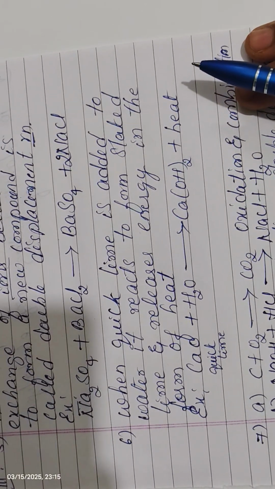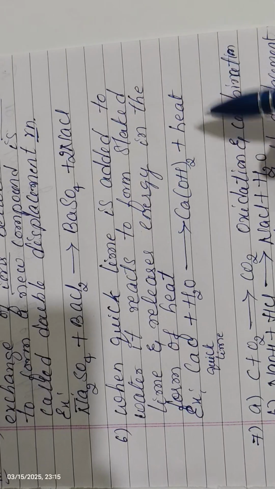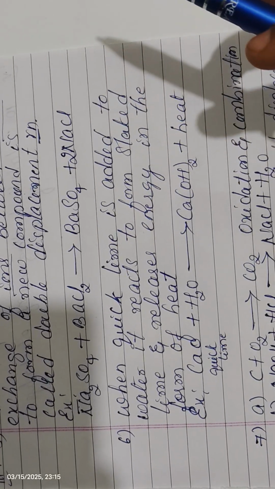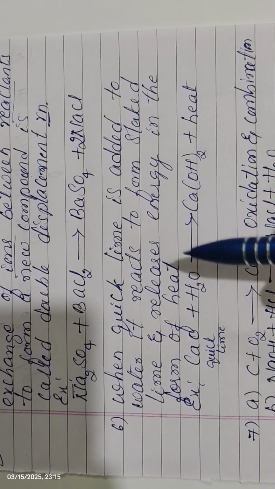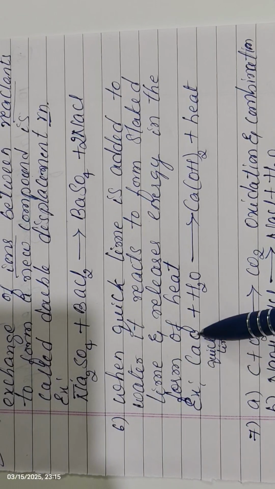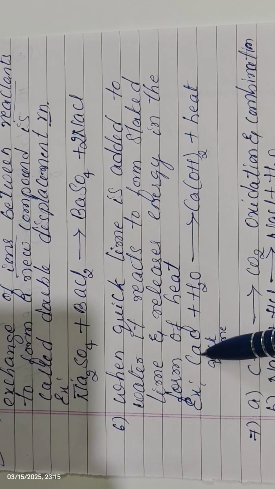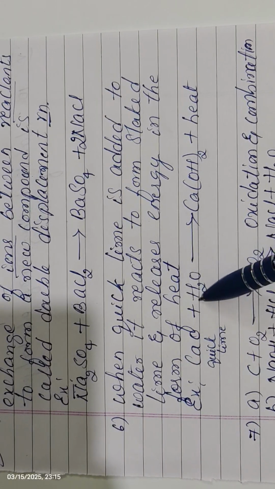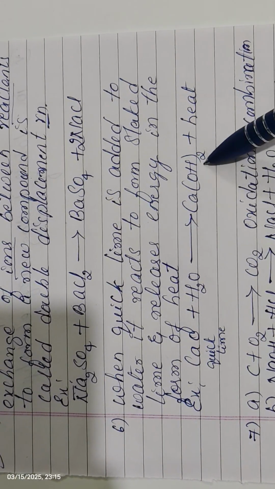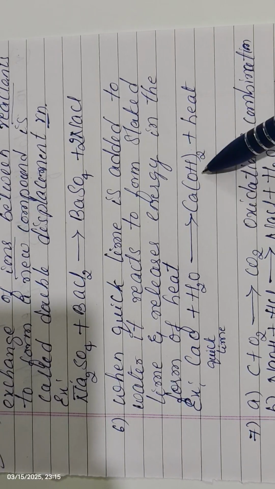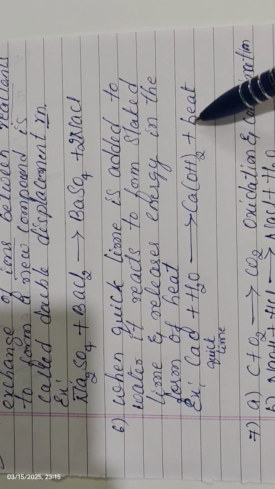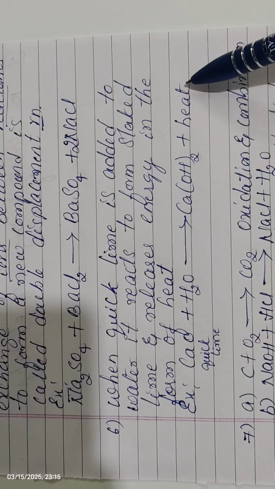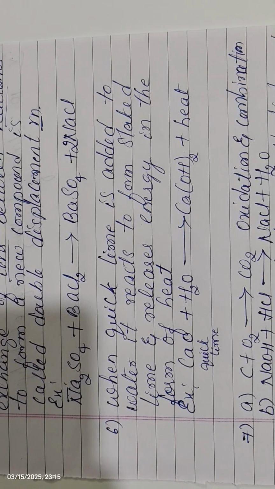That is the example to show that during a chemical reaction heat is liberated, or a change in temperature takes place. In equation form, CaO, quicklime, plus water, gives Ca(OH)2, calcium hydroxide or slaked lime, plus liberation of heat energy. Okay, we'll move to the next question now.